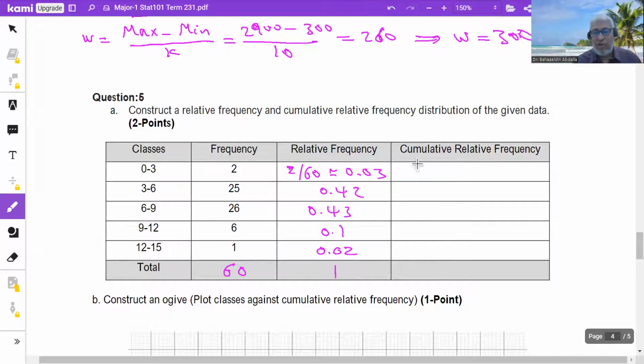And cumulative relative frequency. Well, how to find cumulative? Here you put the same number as the relative, and then you start adding the next one. So 0.42 plus 0.03 would be 0.45. Then you add 0.45 plus 0.43 would be 0.88, and you add 0.1.